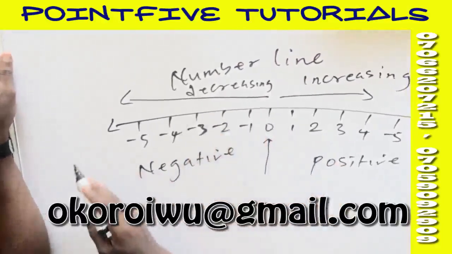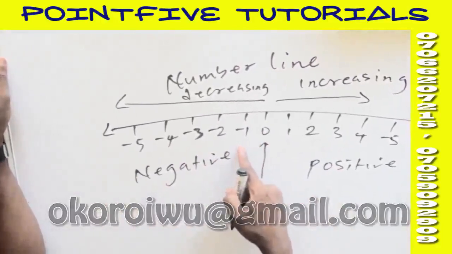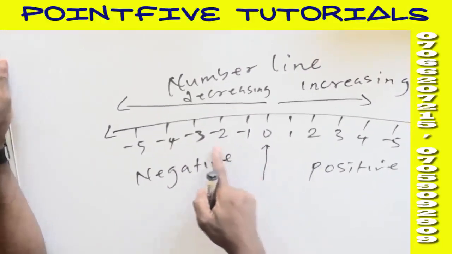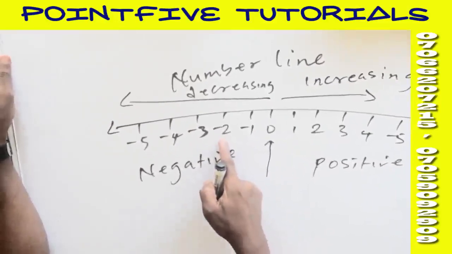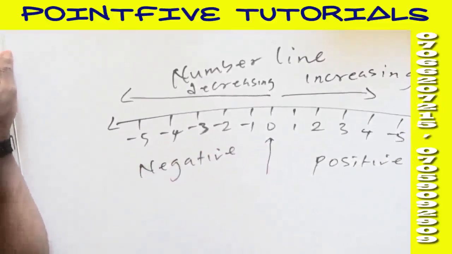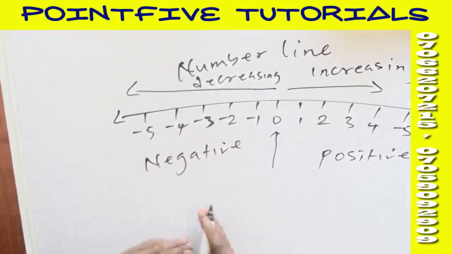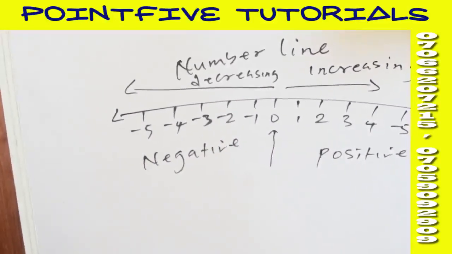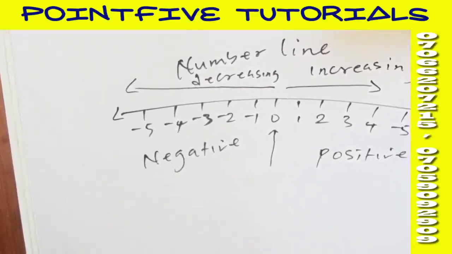If you are going the other way, 0 is greater than what? Minus 1. Minus 1 is greater than minus 2. Minus 2 is greater than minus 3. It means that 0 is greater than minus 5. If you don't understand this concept, I'll give you another concept to understand the number line very well.